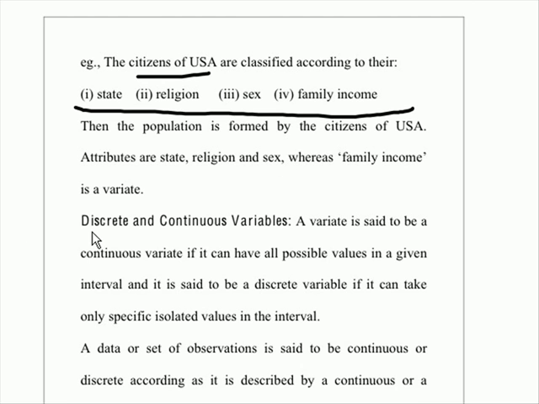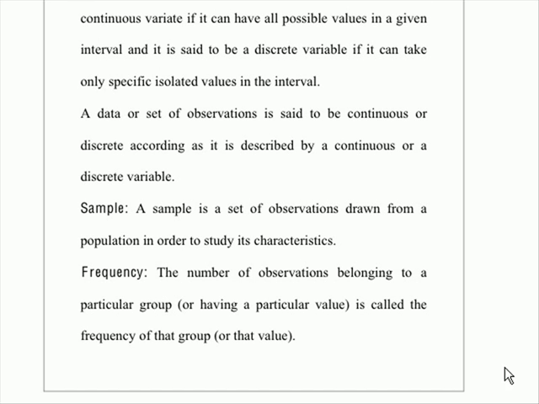Then you have the concept of discrete and continuous variables. A discrete variable could be, for example, a set of odd integers between 1 and 10, and continuous variable could be a set of real numbers between 1 to 10. Sample space is essentially a set of observations drawn from the population in order to study its characteristics.